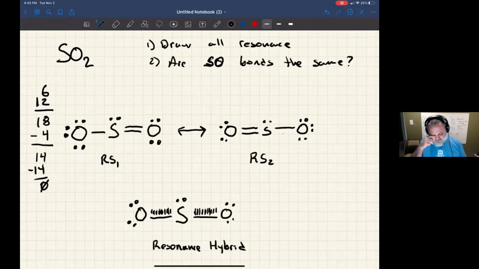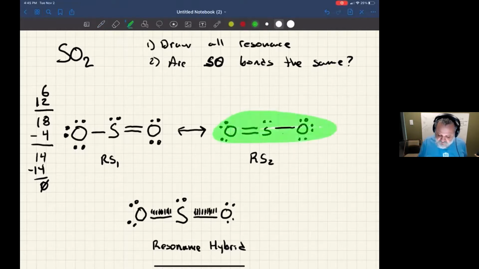And so now that I've drawn that, I can start to answer the question about, are all the SO bonds the same? If I just focus my attention on one of these structures, I say, well, one of the SO bonds is a double bond, the other one's a single bond, so they're not the same.